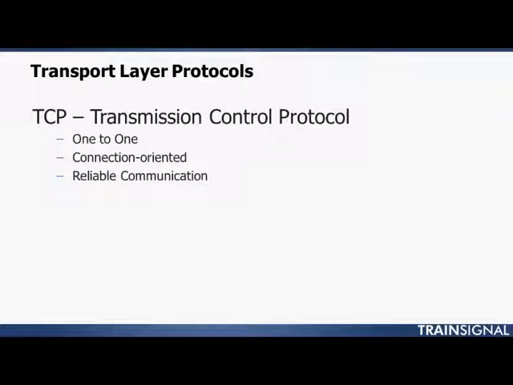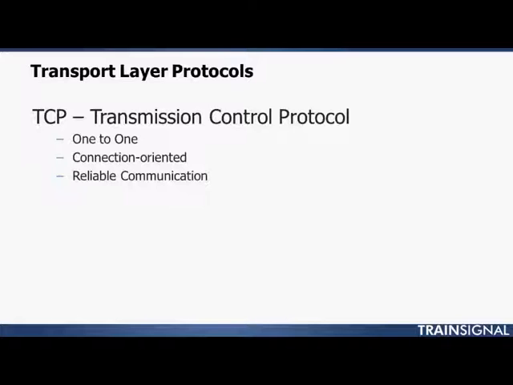The first one that we're going to look at is something called TCP, which you'll notice is obviously important because it's part of the name TCP/IP, right? So TCP, which is Transmission Control Protocol, is used when you have a one-to-one connection, or what we'll see in a little bit is called a unicast, where you have one computer sending specifically to another computer.